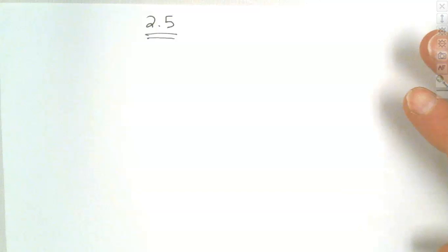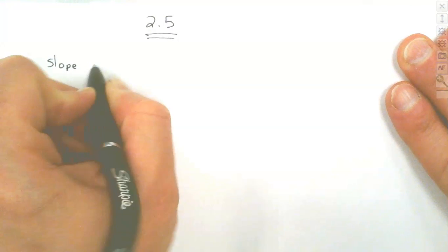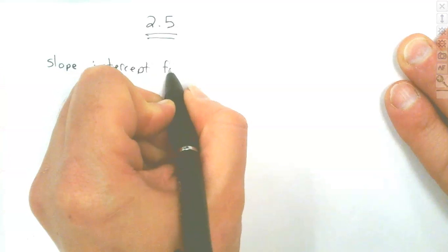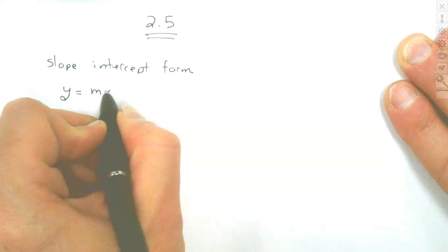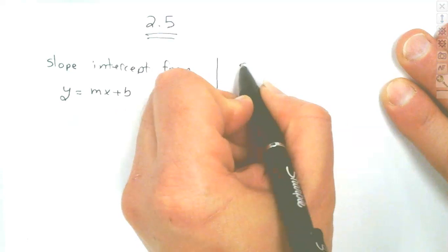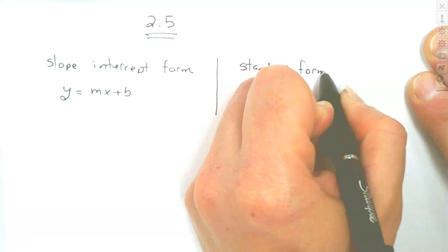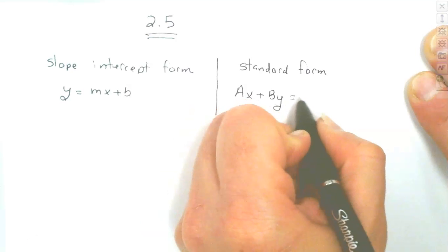And there are two ways to write your lines. You can either write your answer, your line equations, in what's called slope-intercept form, which is y equals mx plus b, or you can write it in standard form, which is ax plus by equals c.